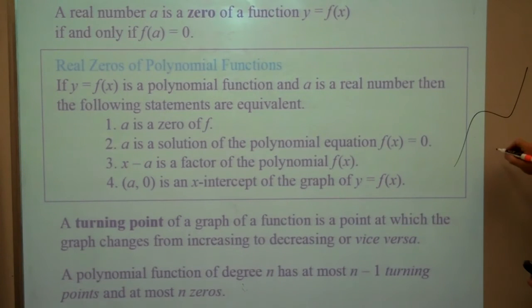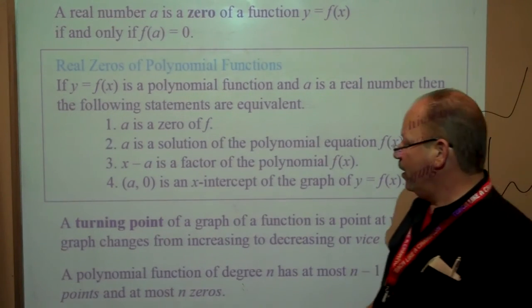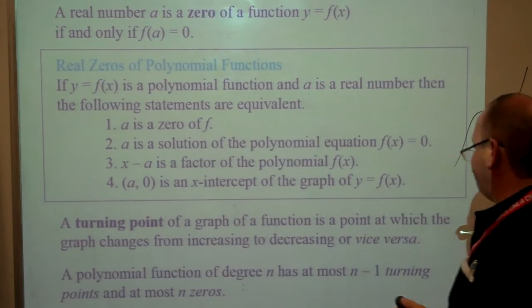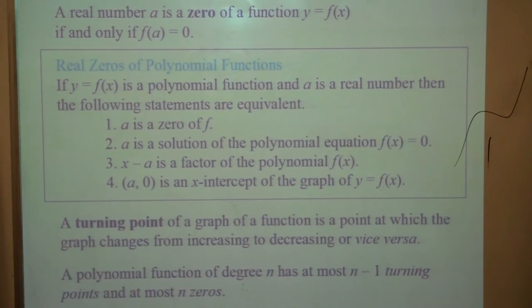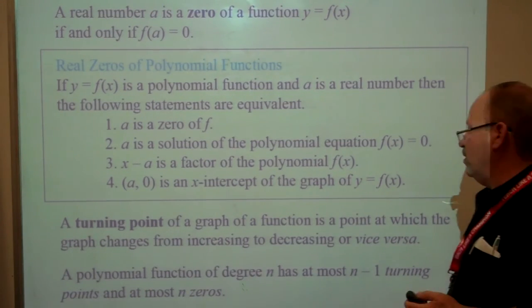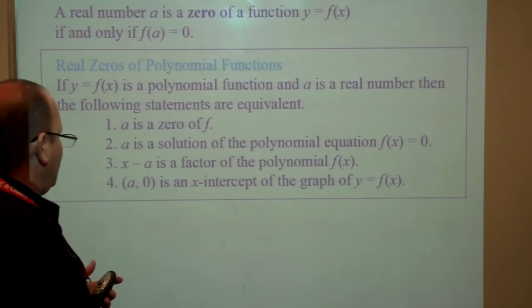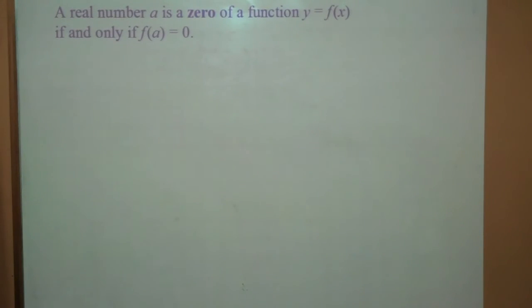If it's to the fourth, it's going to have 4 minus 1 turning points, up to. If it's to the fifth, you might have something like this: 1, 2, 3, 4. 5 minus 1 turning points. Okay? And it's going to have at most n zeros.